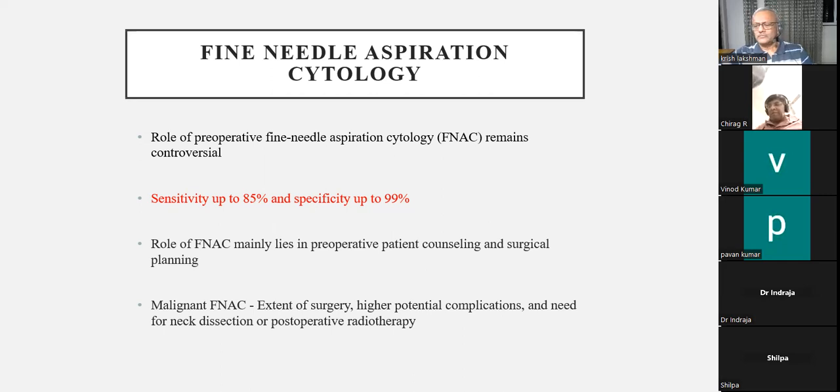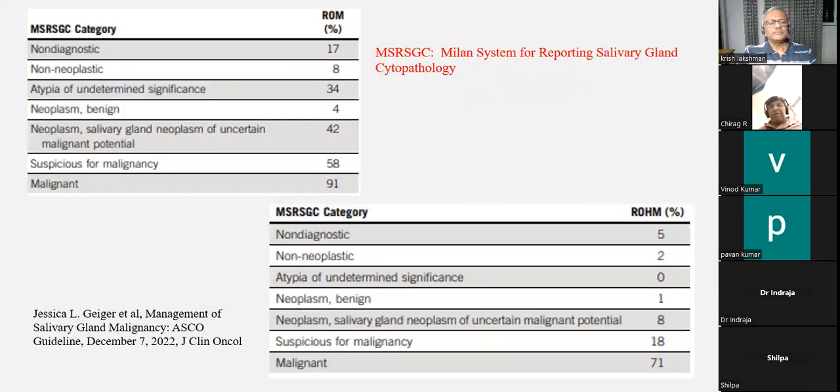FNAC has a sensitivity up to 85% and specificity up to 99%. If it shows a malignant lesion, we can decide the extent of surgery and the need for neck dissection preoperatively. And this is a reporting system, the Milan system for reporting salivary gland cytopathology.